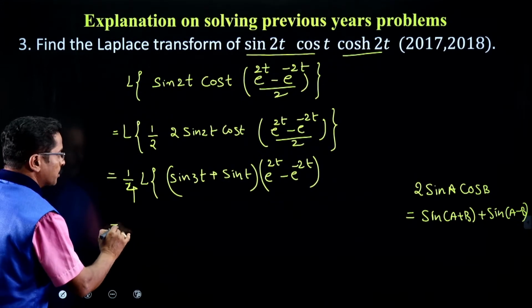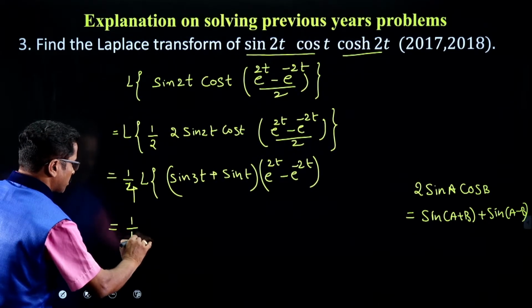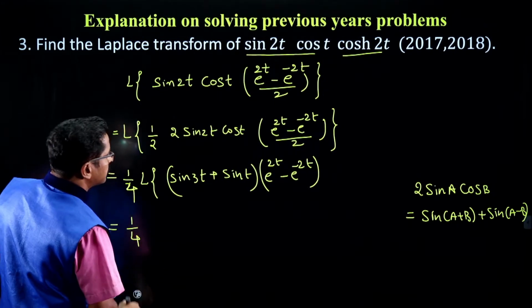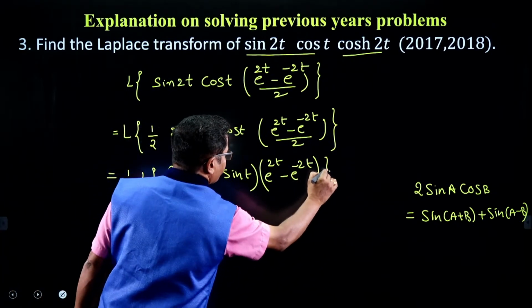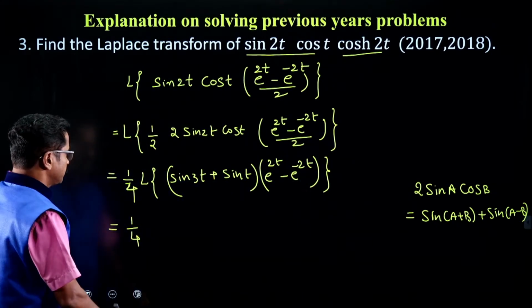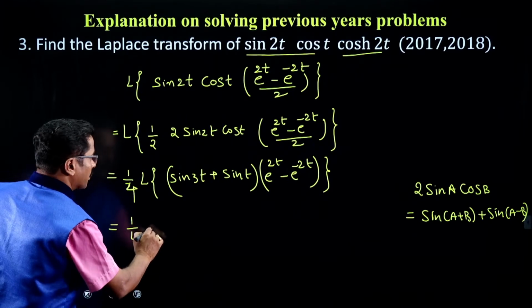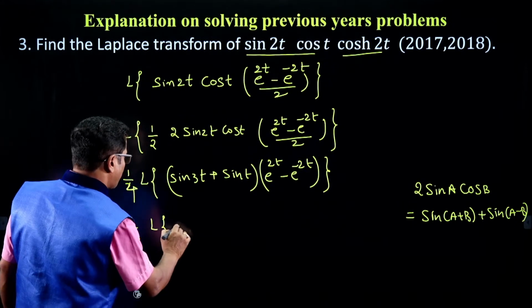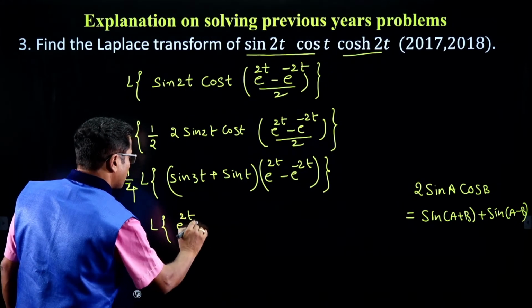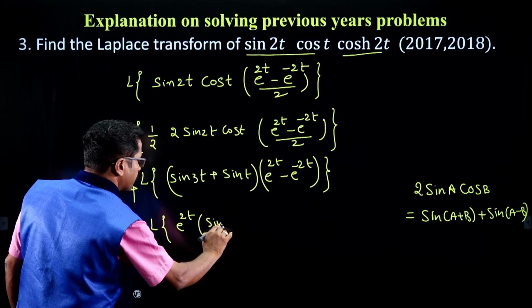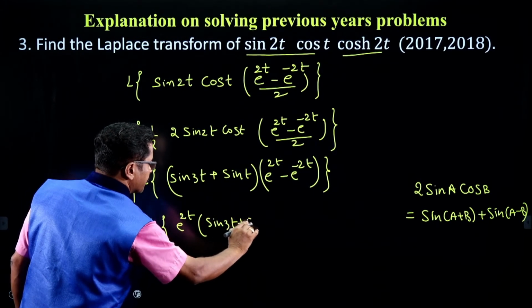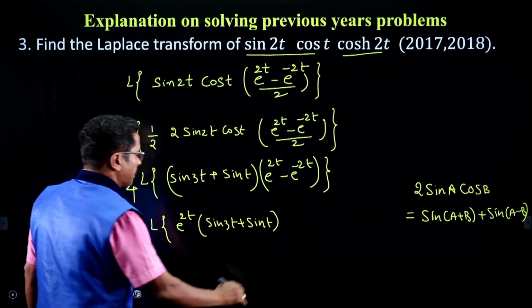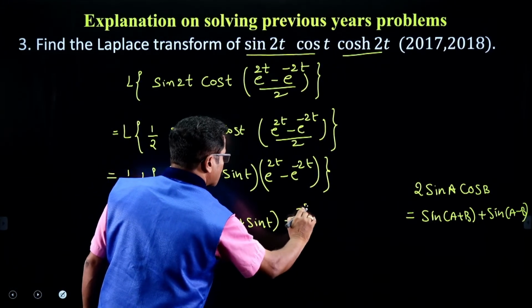So which is equals to 1 by 4, and here you apply L of e power 2t into sin 3t plus sin t, plus e power minus 2t.